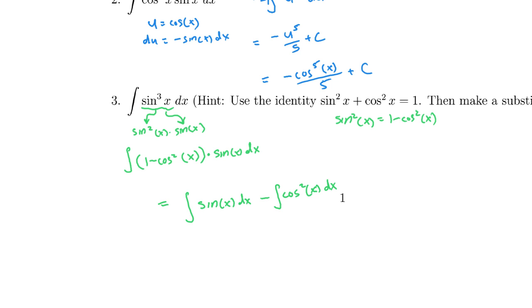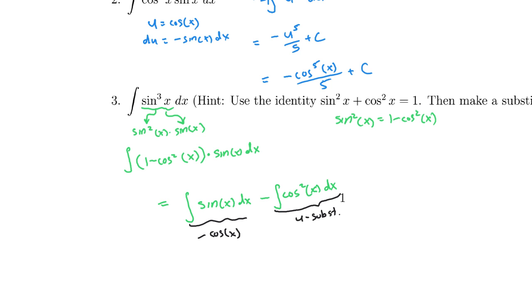And so what we'll get here is the antiderivative of sine, which is just negative cosine. And then minus, when it comes time to solve this problem on the right, we're going to use u substitution, just like we did above, except this time, instead of a cosine to the 4th, it's just a cosine squared.